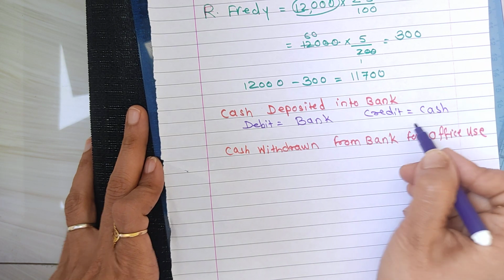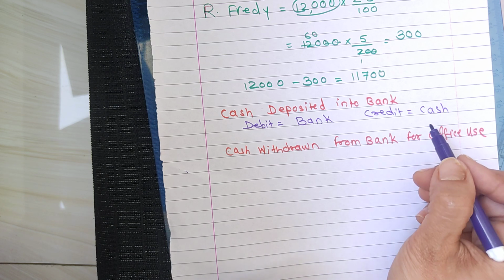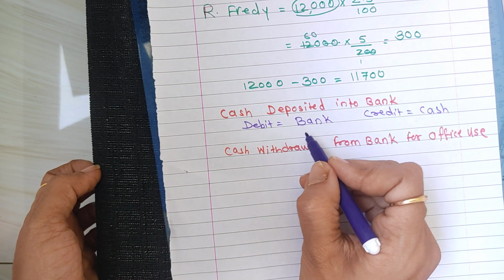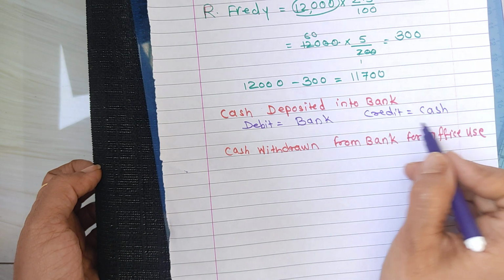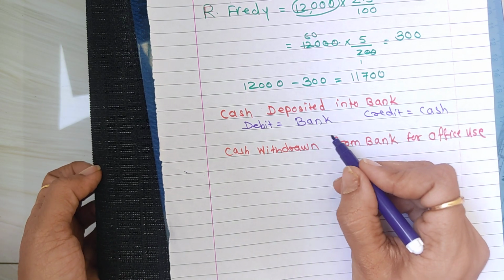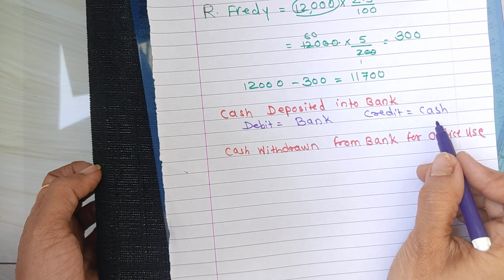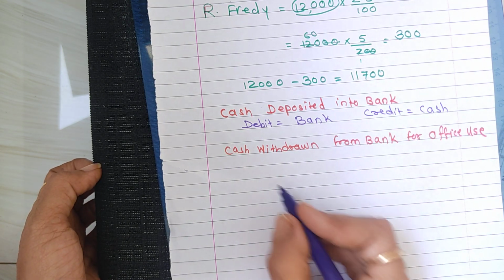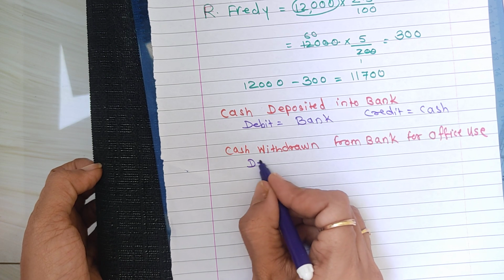Cash is going out of the business when the cash is deposited, and the bank's balance increases, amount is going into the bank. So the bank side in the account is debited, and the cash column side will be credited. When cash is withdrawn, it means we are taking cash out from the bank.